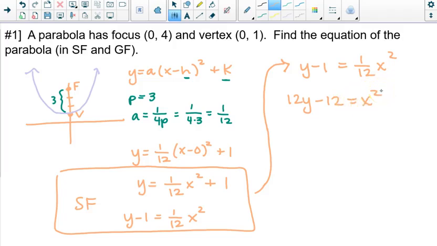Now we have all integer coefficients. And it's up to you if you want to move all the terms to the right or to the left. If I move all the terms to the right, we have our x squared, we're going to subtract our 12y, and we're going to add our 12. So 0 equals x squared minus 12y plus 12. There's our general form.